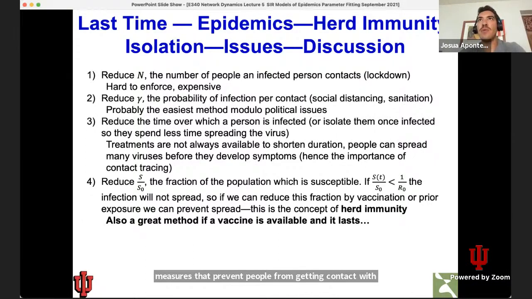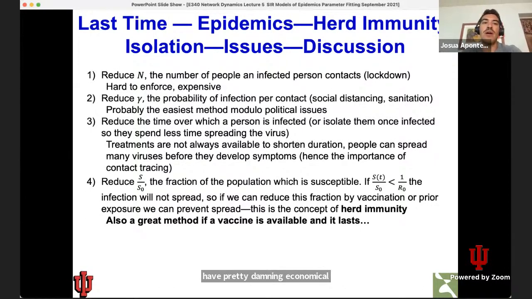The problem about this type of measures is that they are hard to enforce, and they also have pretty damning economic implications. We can also reduce gamma, which is the probability of infection per contact. Wearing a mask is an example of this type of measure.